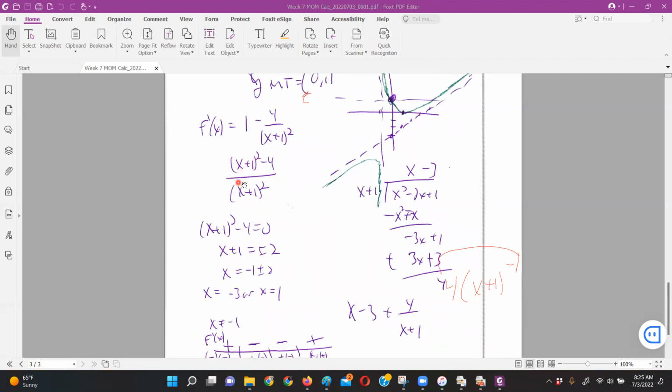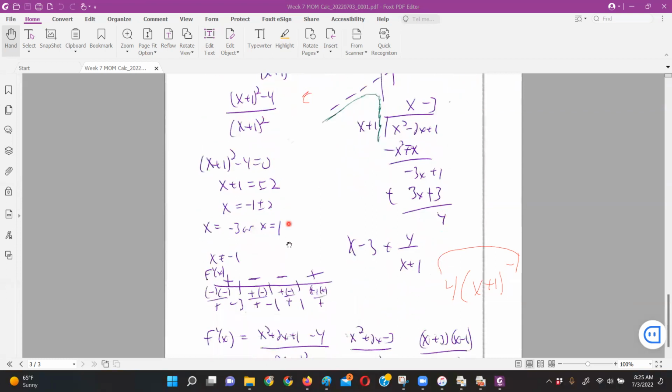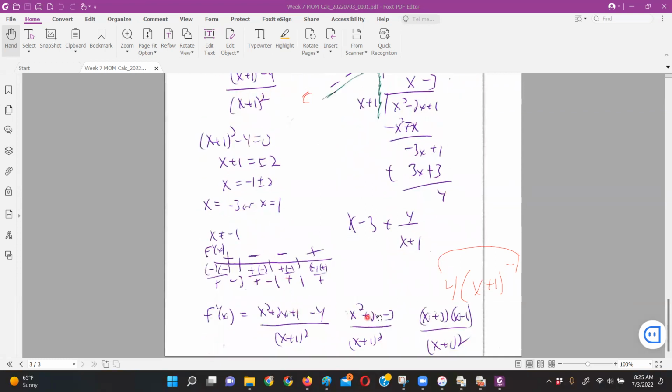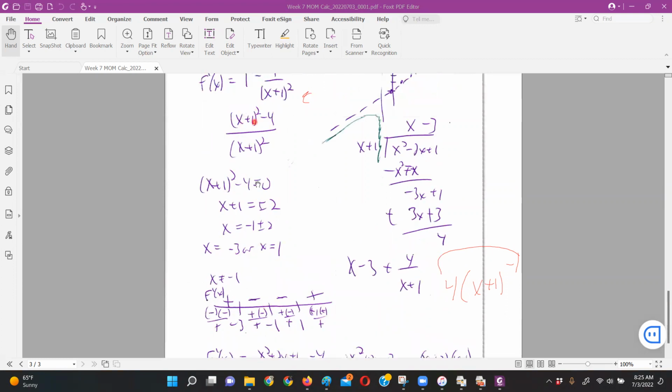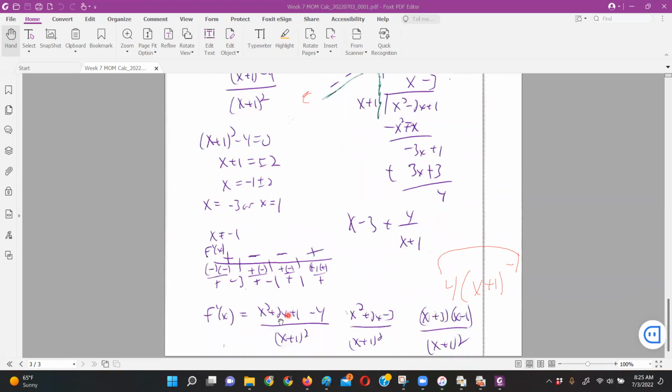So what I did is I FOILed it out. I FOILed out the x plus 1 squared, and got that -4, which became that. And of course, then that factors, which I kind of knew anyways because of the zeros, but so maybe it would have been easier to do the quotient rule to begin with. I don't know, though this was pretty quick.